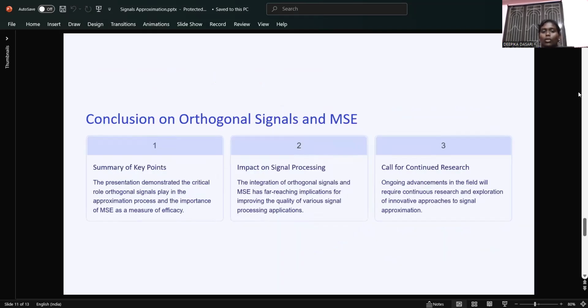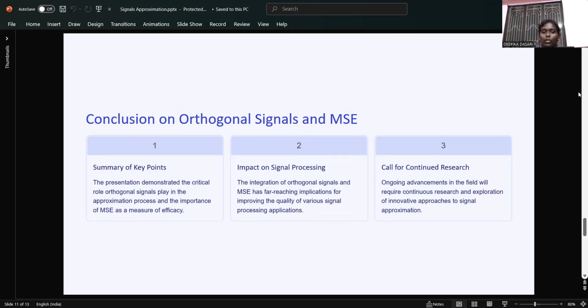And the conclusion of orthogonal signals and mean square error is here. Today in our topic, we discussed orthogonal signals and mean square error. Some of the key points are that the presentation demonstrated the critical role orthogonal signals play in the approximation process and the importance of mean square error as a measure of efficiency and its impact on signal processing.